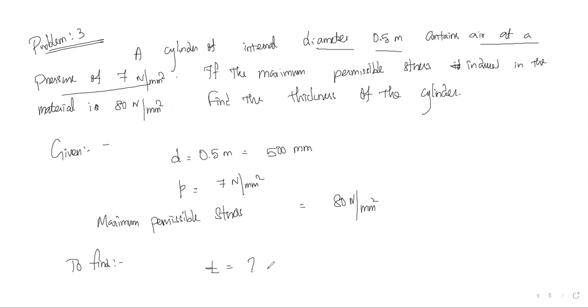Here the condition is the maximum permissible stress in the material. It denotes the circumferential stress sigma 1, so we are going to use the formula of sigma 1. Circumferential stress sigma 1 is equal to PD divided by 2 times the thickness.